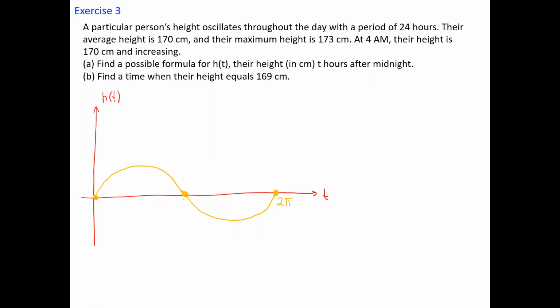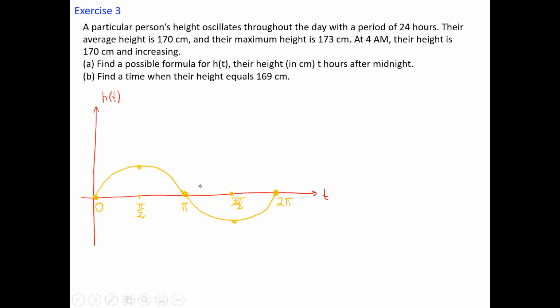The middle point is exactly in the middle, half of 2 pi, and the maximum value is happening halfway between 0 and pi, at pi over 2, and that point will be 3 pi over 2, which is the minimum.